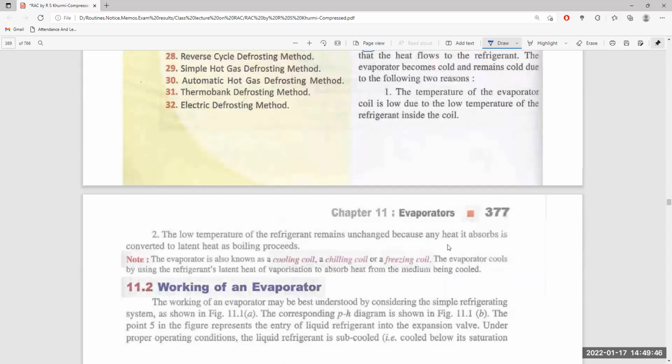The boiling refrigerant requires latent heat, which it absorbs from the inside of the evaporator covered by this coil. The evaporator is also known as a cooling coil, chilling coil or freezing coil. It uses the refrigerant's latent heat of evaporation to absorb heat from the medium being cooled.